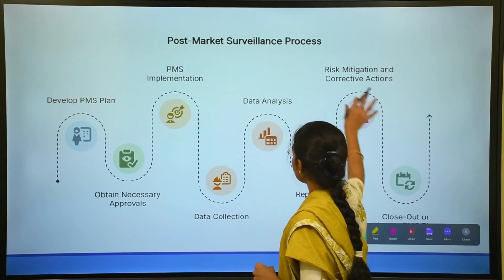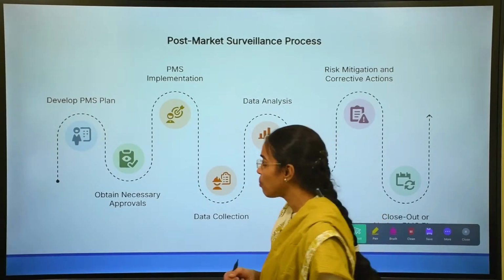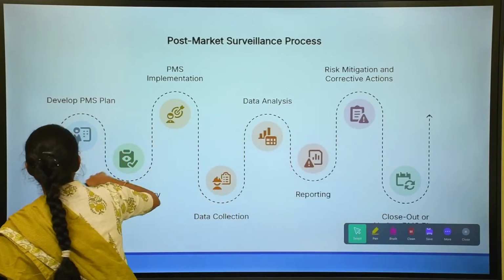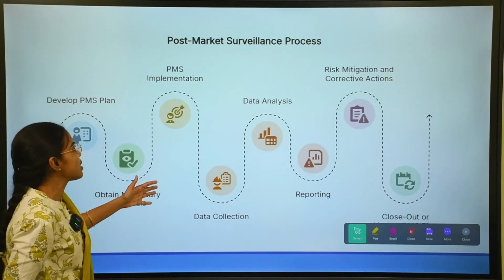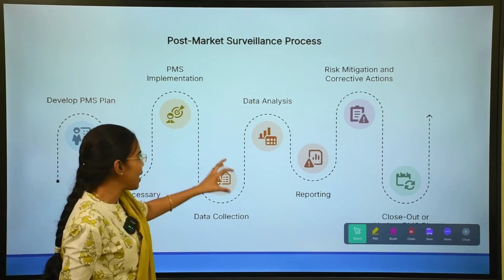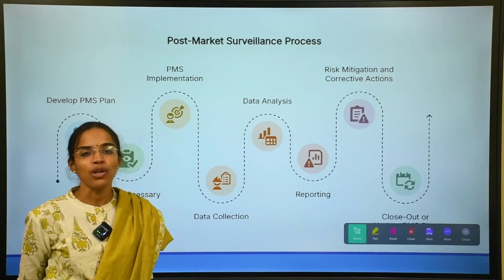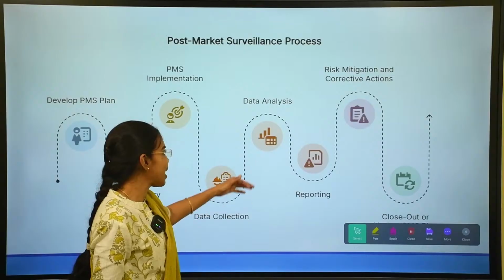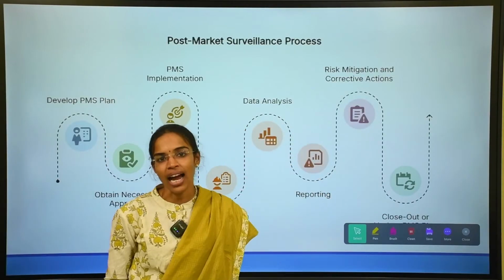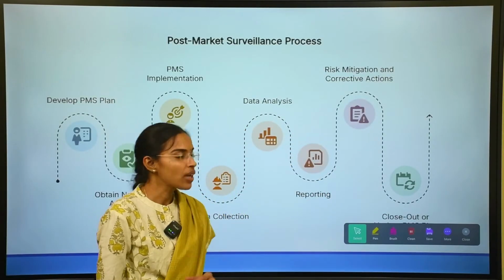This is about how post-marketing surveillance happens. First, a proper plan is developed, and the necessary approvals are required. Then we go into the market, collecting the data, analysis of the data, reporting, and risk mitigation.